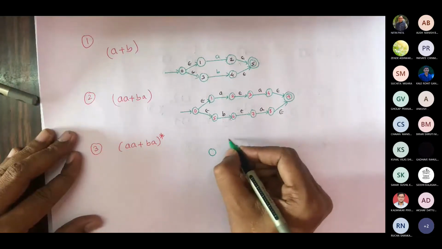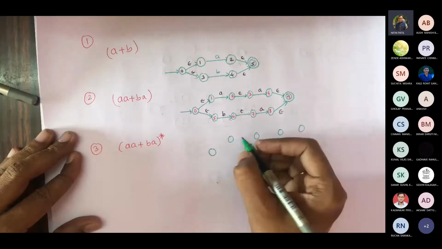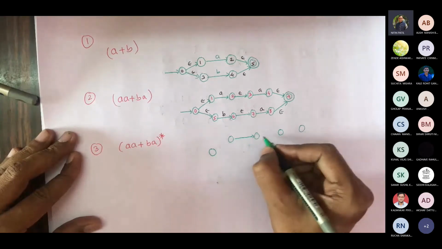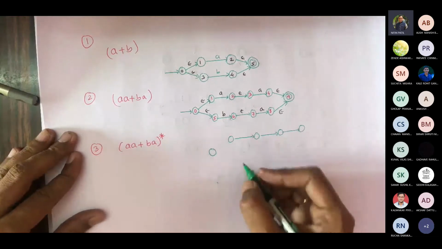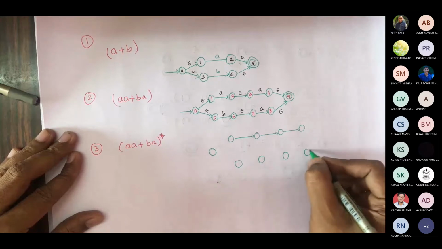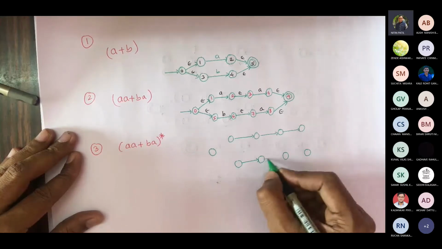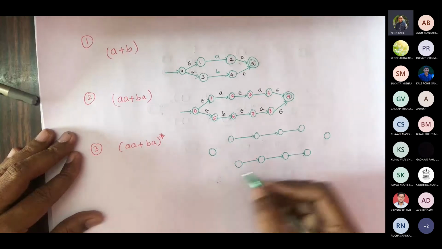1, 2, 3, 4. So this is for AA, which we worked out. Now let us draw for B. So this is the final of AA plus BA.